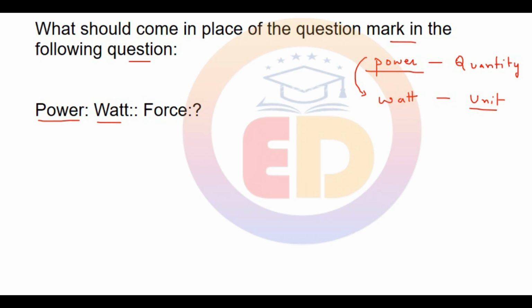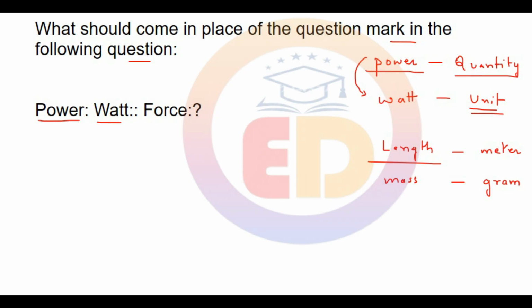To understand this, length is a physical quantity and the unit of length is meter. Similarly, mass is a physical quantity and its unit is gram. So here I understand that the relationship is basically of a quantity and its unit.